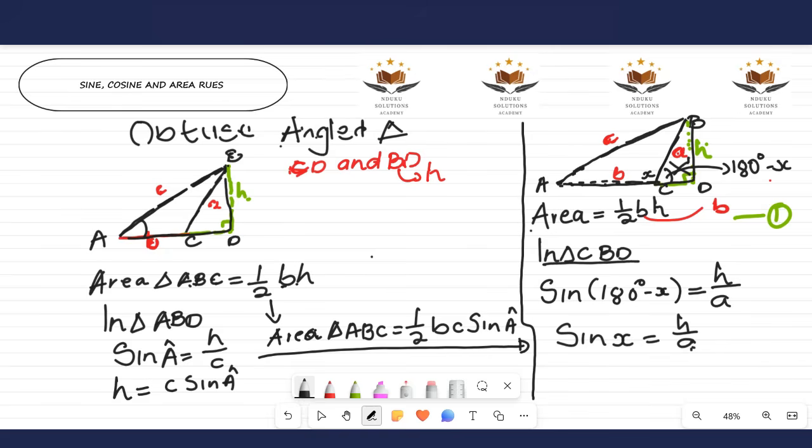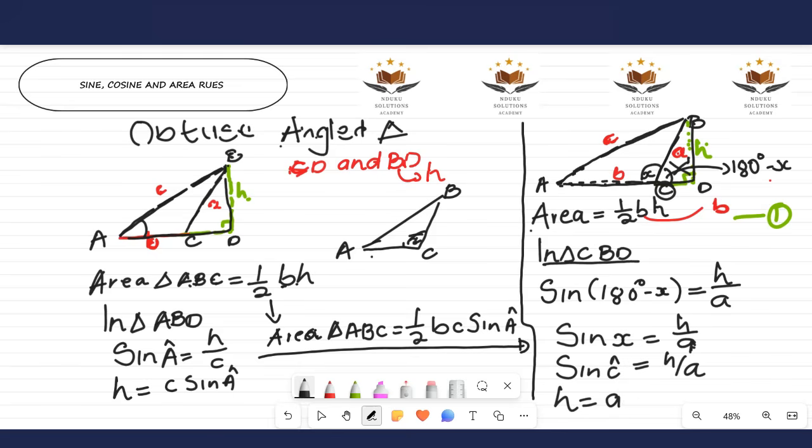But from the original, before any construction, remember X was actually C. From the original, this is angle C. So I will have the sine of C equals H over A. And then my H will simply be A sine of angle C. I will then substitute this into equation number 1.